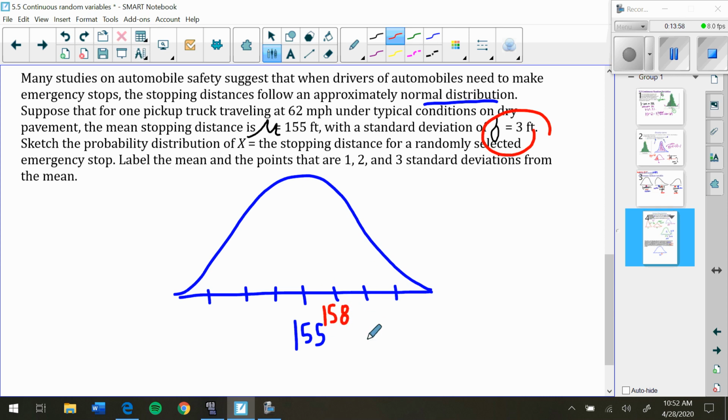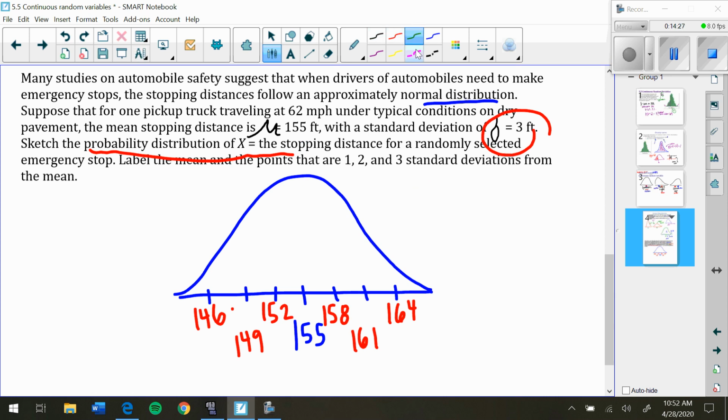I add 3 again to get 161 and 164. Hopefully I did my algebra right there. If I go below, I'm going to be at 152, 149, and 146. And that is the probability distribution of x, the stopping distance for a randomly selected emergency stop.